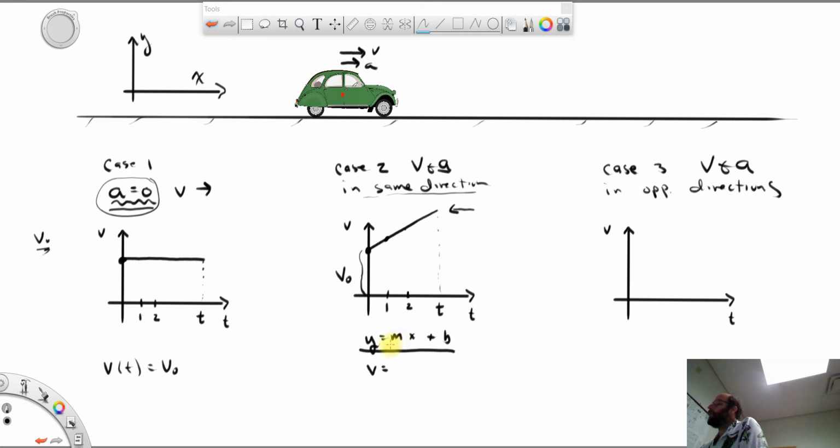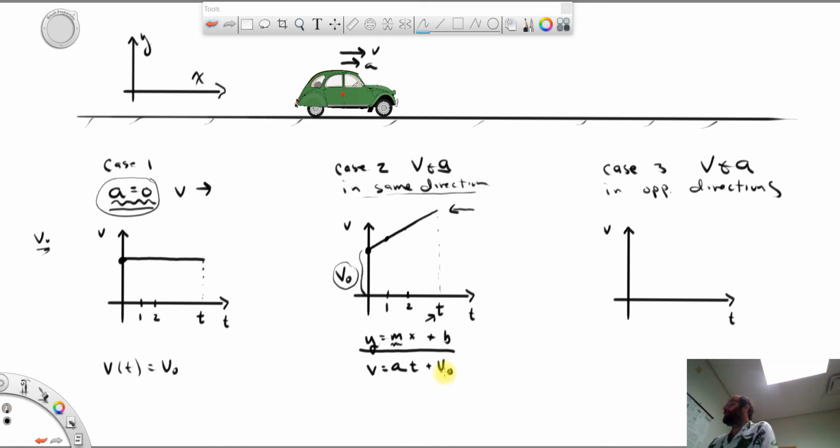The slope, the m, is acceleration, remember, the slope of your velocity graph. Instead of x, our independent variable is t. And then the b is the y-intercept, which is what we're calling v sub o.